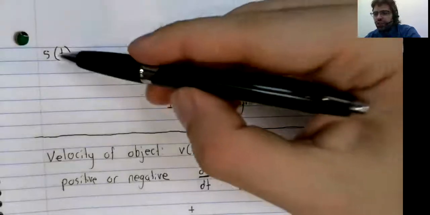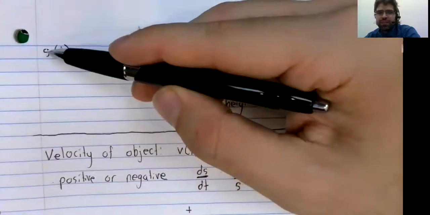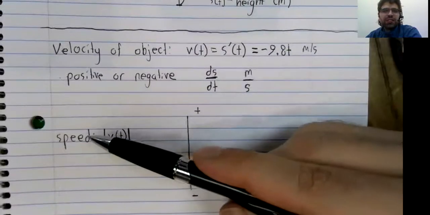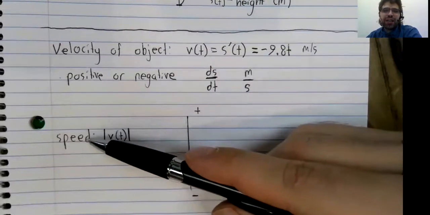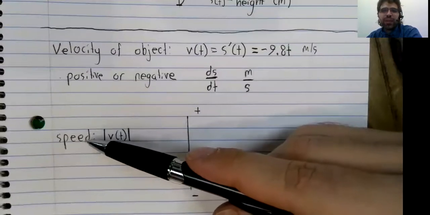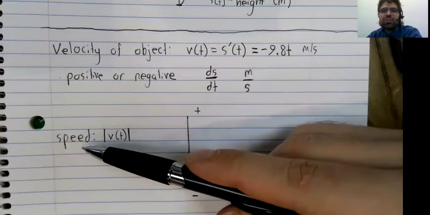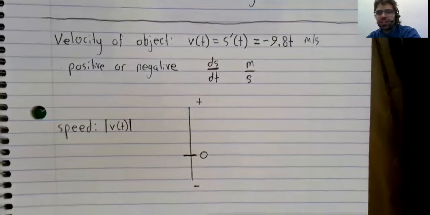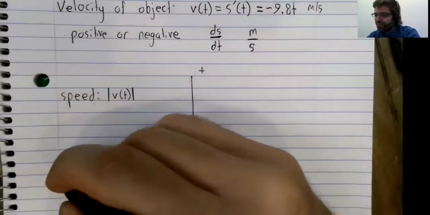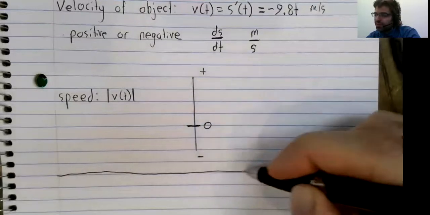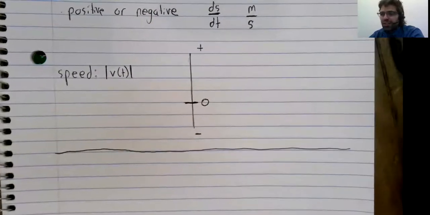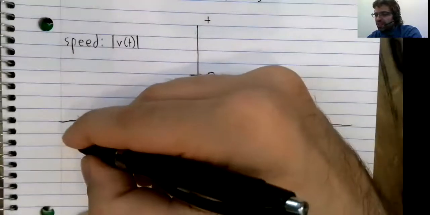And traditionally, the position function is s, velocity is v. Speed doesn't really seem to have a standard letter associated with it. We certainly can't use s because we've already used s for position. But moving on.